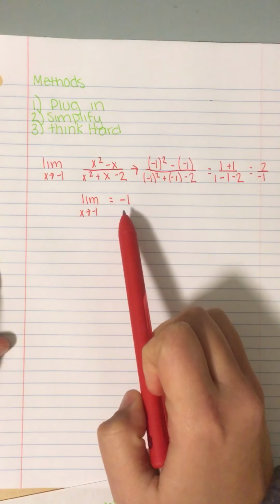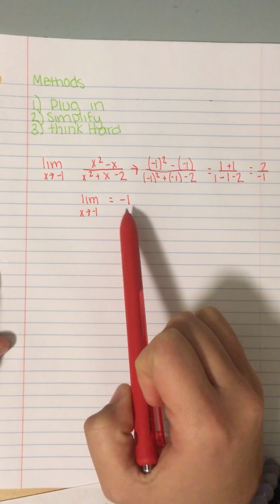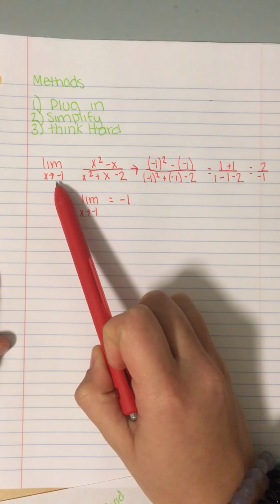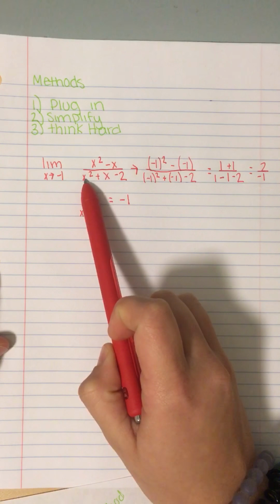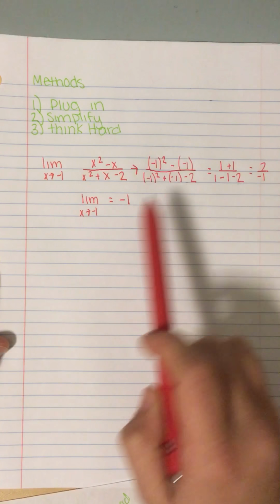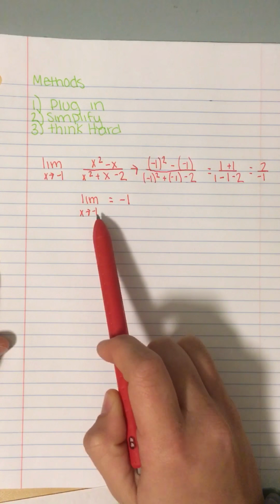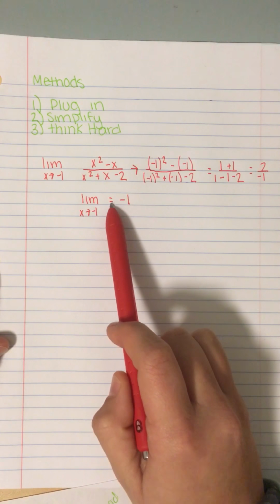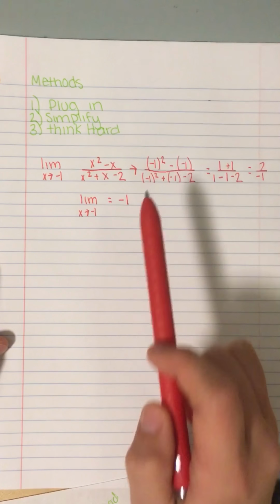And that's the answer. So to backtrack, all we did was plug in what we were approaching, x equals -1. Wherever there's an x in the original equation, we've simplified it all the way through, and we ended up getting that the limit of this function as it approaches -1 equals -1.